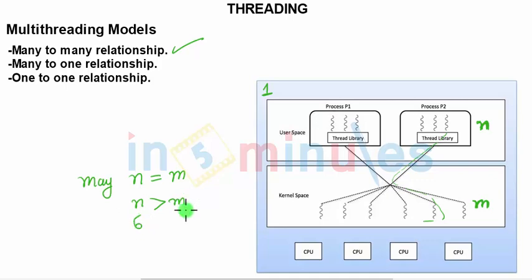That means if you have 6 threads, you might have 4 threads in the kernel mode. So generally on the kernel side, we keep fewer threads. The basic advantage of the many-to-many relationship is concurrent processing, because multiple threads which are blocked can be brought down, and other threads which are capable of executing will get executed when they are up.